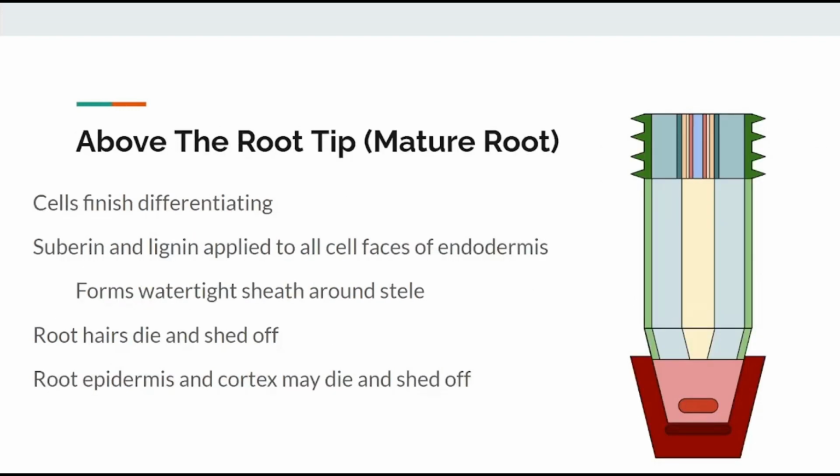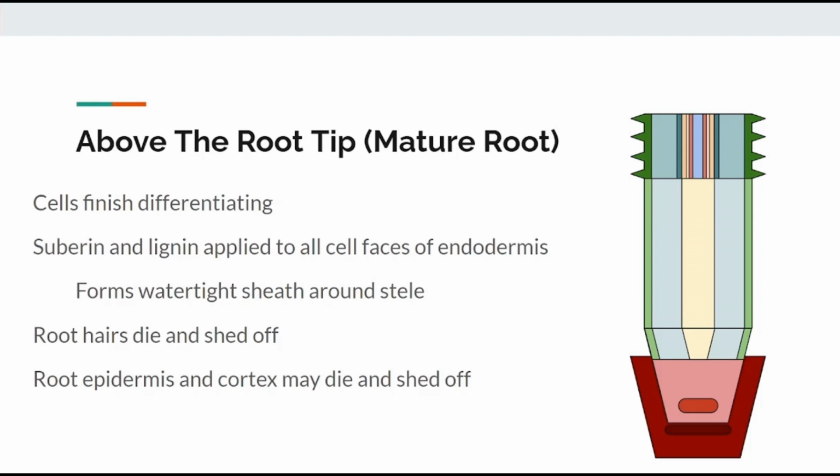The region of maturation is the last region in the root tip, so above that is what can be considered mature root. Cells that have not yet finished differentiation in the region of maturation do so here. Suberin and lignin is applied to cell faces of the endodermis, sometimes resulting in passage cells.